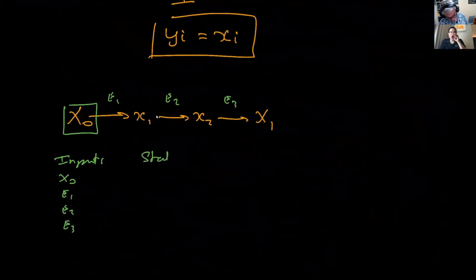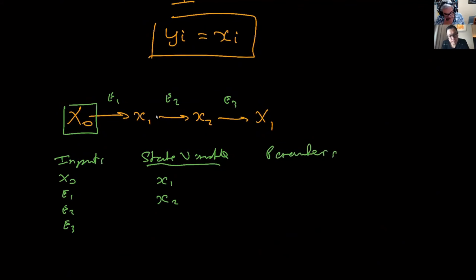State variables, that's easy: X1 and X2. Parameters, these will be the kinetic constants.